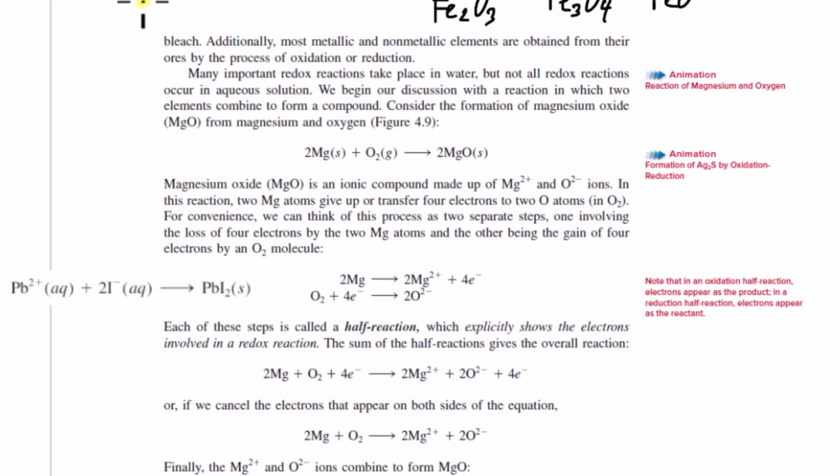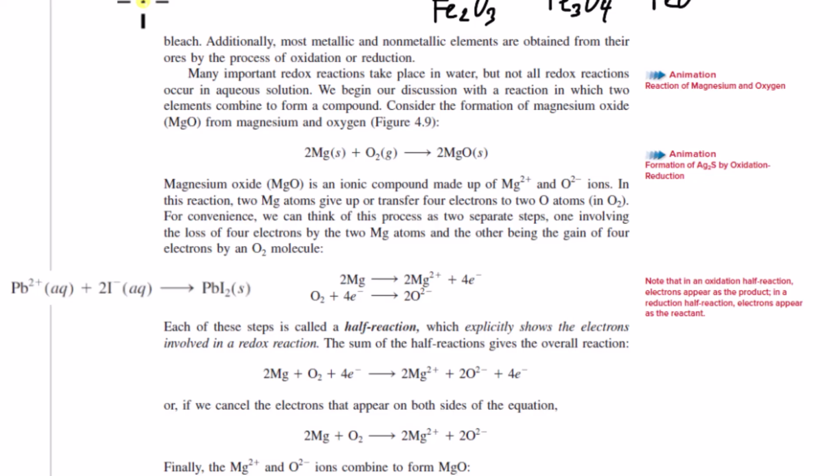Once we've identified that a particular reaction is a redox reaction, what we can do next is construct what are called the half reactions. Half reactions apply just to redox reactions, and they're helpful for analyzing the electron transfer process in the reaction. Note first that the half reactions are different from the ionic and net ionic equations.